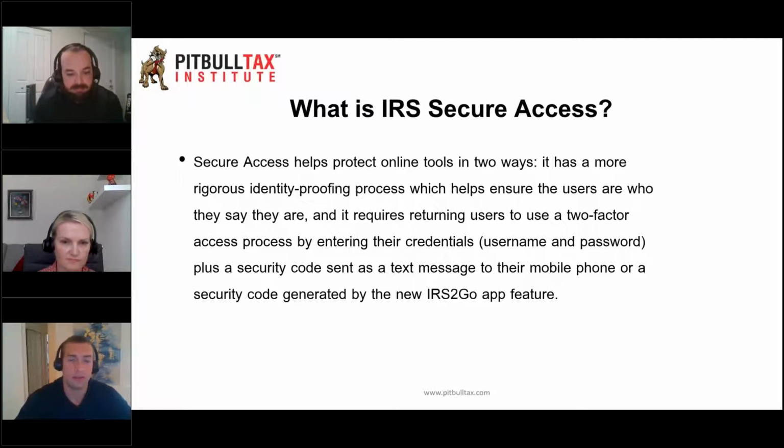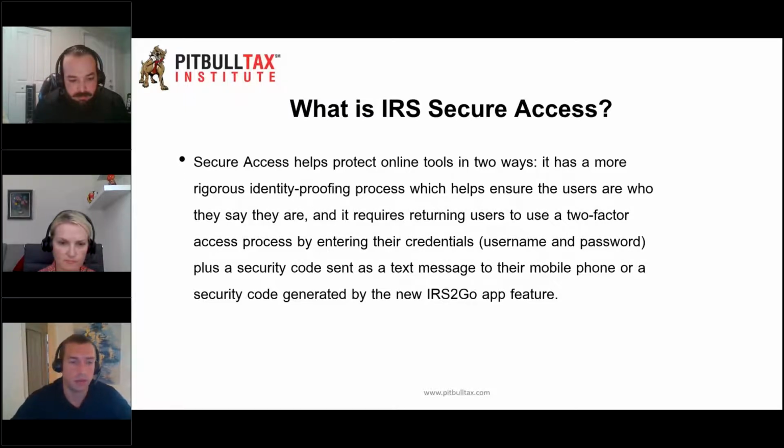Every time you go to log into TDS, or if you go to connect with your TDS account through Pitbull Tax Transcript software, it's going to send you a secure access code. By default, it sends a secure access code to your mobile phone. There you can access the code and then type it into either our software, or you can also type it into our mobile app that we have as well.